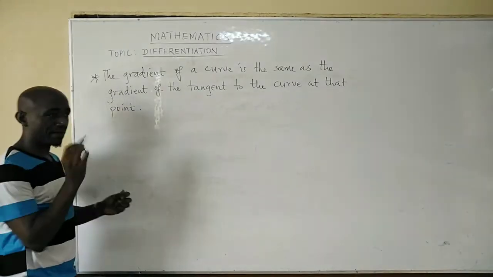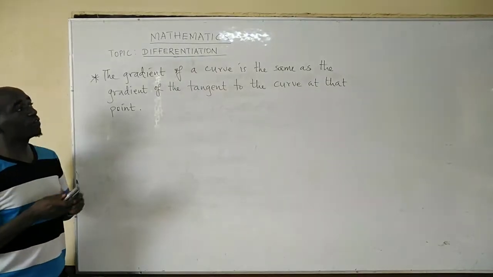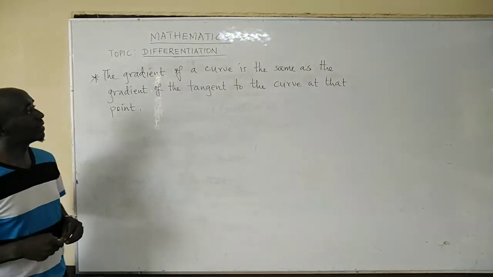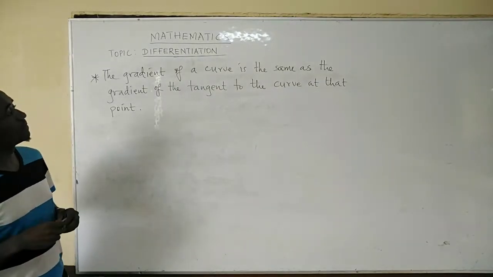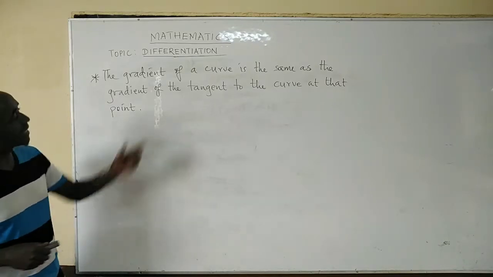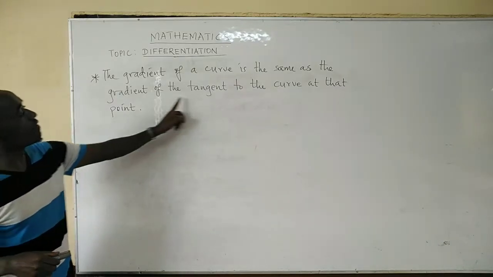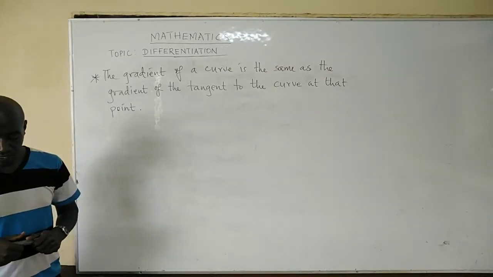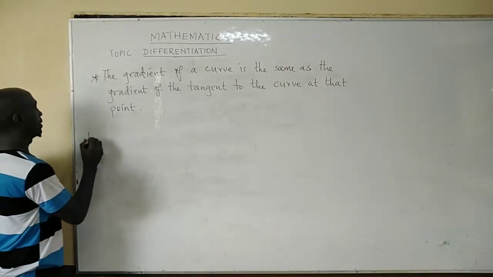Very important, that is the most important point: the gradient of any curve at some point is the same as the gradient of the tangent to that curve at that particular point. So let's look at an example.